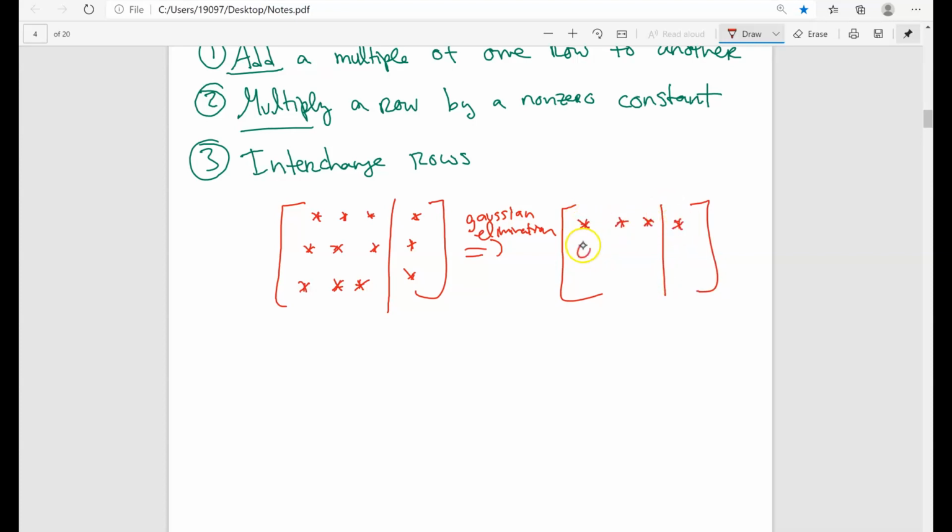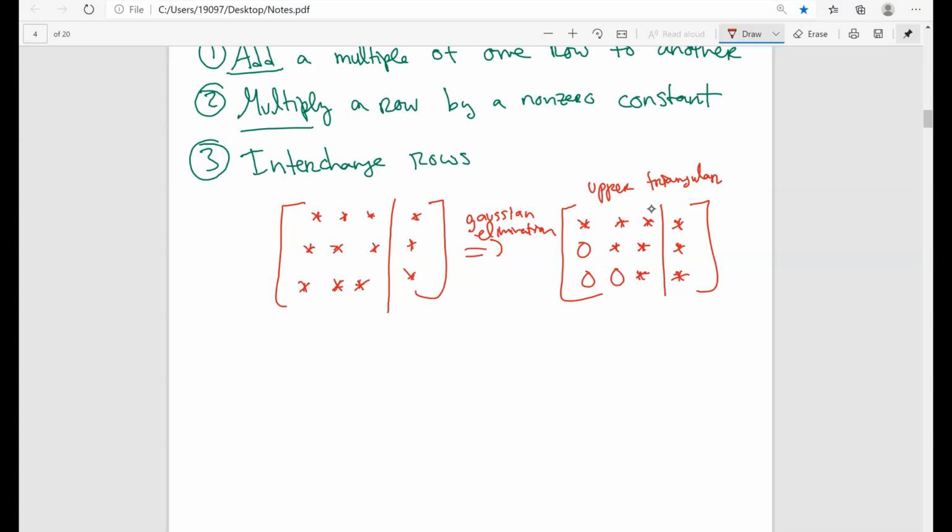You want to get that, then a 0, star, star, star, 0, 0, star, star. That's what you want to do. This is what we call an upper triangular matrix. Upper triangular. Later on, you can make the other one 0 as well, but we're not going to talk about Gauss-Jordan.